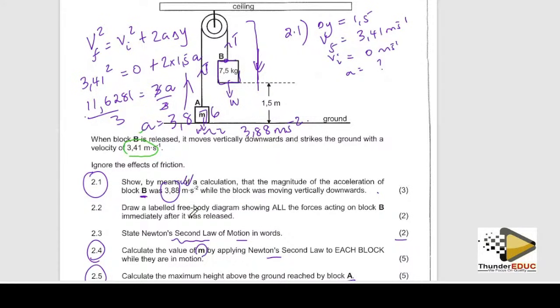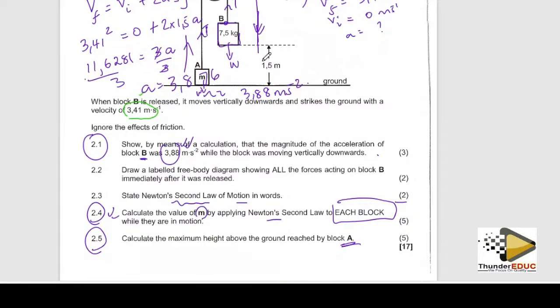Because that would have been the other option that we could have used to get 2.4, when you're calculating the mass. But since they wanted it on each block, that's why we worked it out separately. So with 2.5, since the whole system is using the same acceleration, when block B strikes the ground, that would be the velocity with which block A will also be moving upwards.